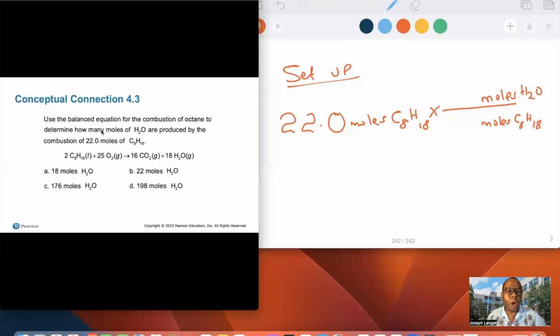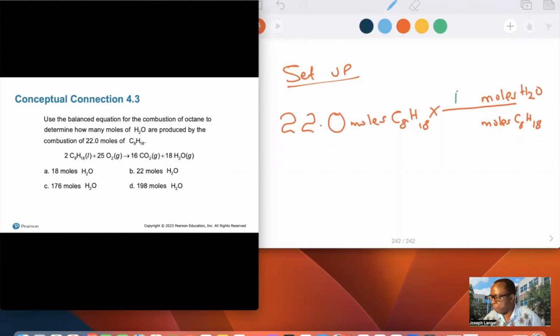Read the question again, how many moles of H2O? So moles of H2O, this is what we need to pay attention to. The mole ratio between octane and H2O in gaseous state is 18 for every 2 moles of octane consumed. So you just plug in the numbers here.